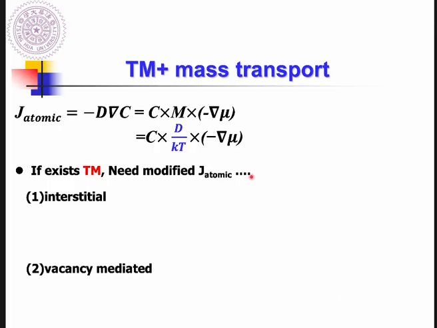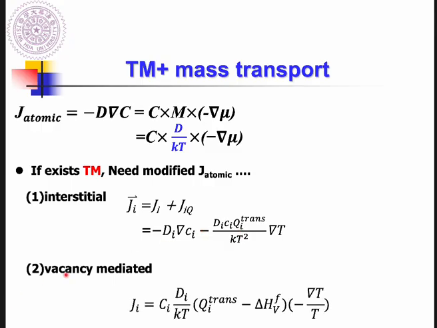So a quick summary here. When you have a thermal gradient or temperature gradient acting on your materials, and it is large enough to drive atomic transport, then depending on the material system, we can easily formulate the atomic flux. The first term is driven by the chemical potential gradient, or Fick's first law, and the second term is due to thermal migration, which is the mobility, concentration, and driving force.